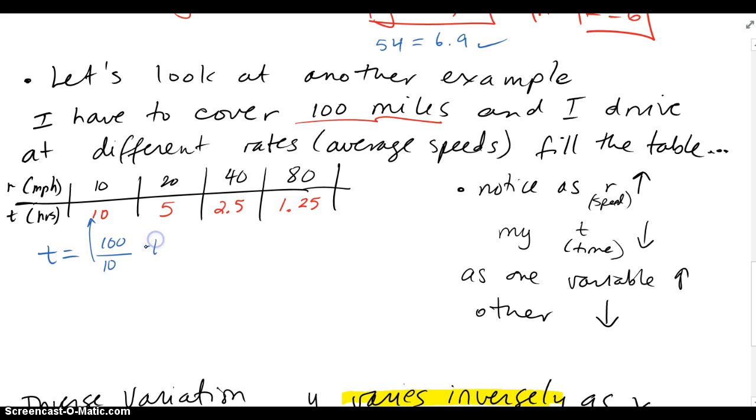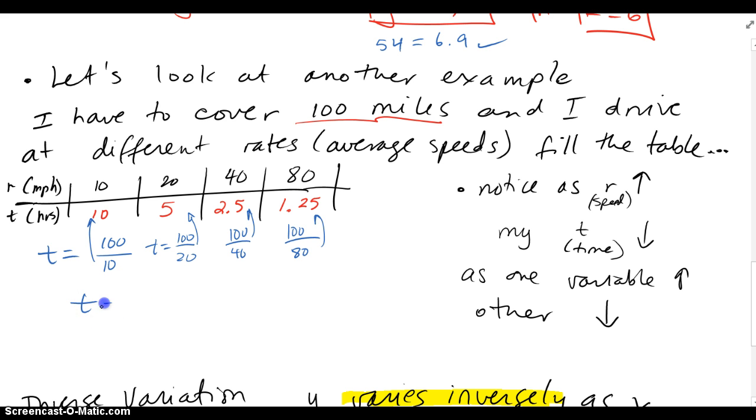Or here, I go the 100 miles, but now I'm going at 20 miles per hour, so that gives me the time, which is 5 hours. Or in this case, 100 divided by 40, which gave me the time. In this last one, 100 divided by 80, the fast speed I'm going, to get the 1.25.